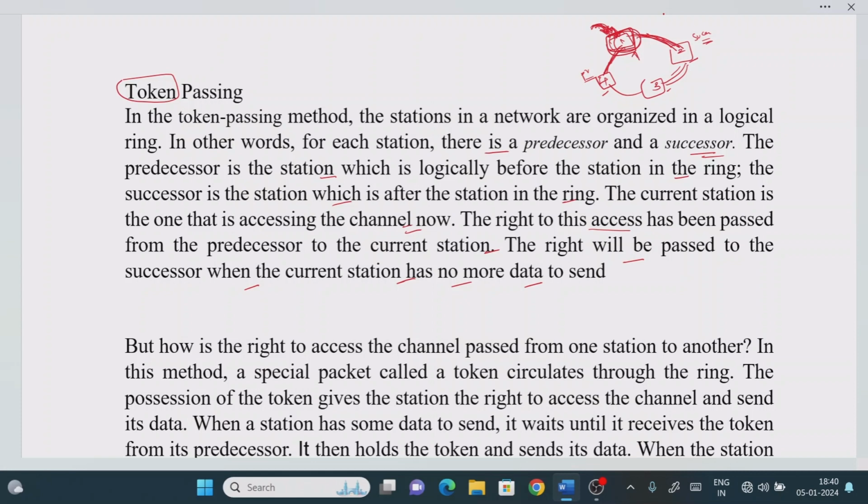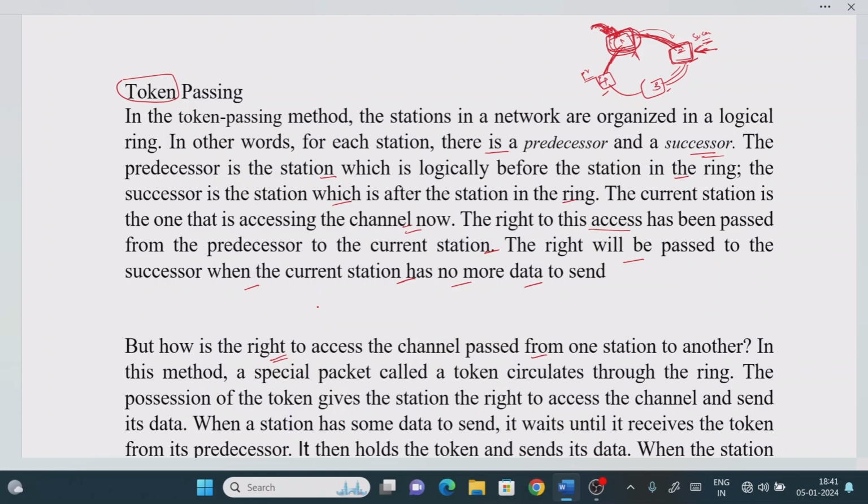Now I will pass this token to the next station. Now who has the superpower? Station 2 has the superpower, so that it can send the information. That is the meaning of this passage. So whoever has the particular token has the right to access the channel, and it is passed from one station to another station.